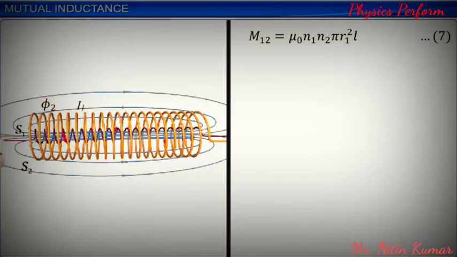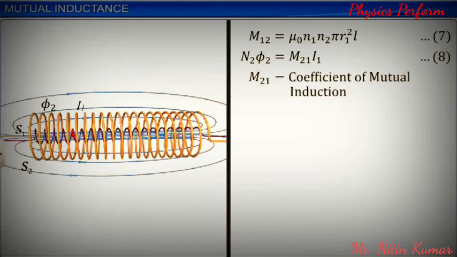Then, the total flux linkage with solenoid S2, N2 phi2, is equal to M21 I1. Let this be equation 8. M21 is called the mutual inductance of solenoid S2 with respect to solenoid S1. It is also referred to as the coefficient of mutual induction.